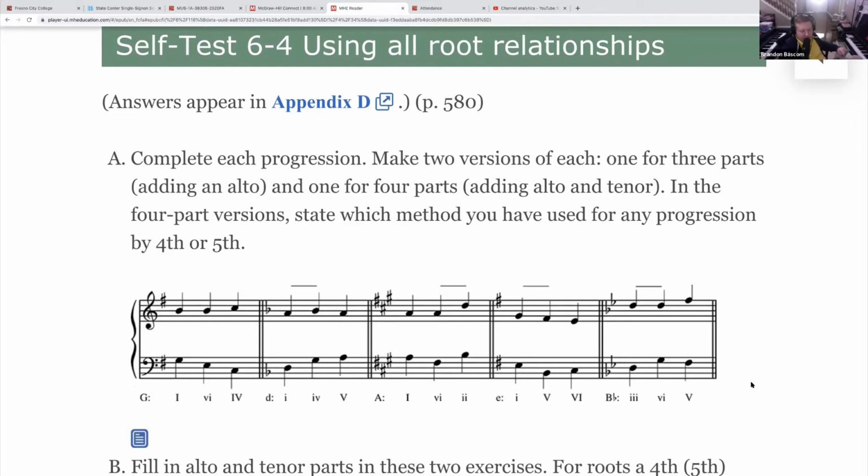I think you're going to find the very rare exception when we write for 3-part instead of 4-part, with the exception of your homework. But as we go on, in theory, we'll mainly be doing 4-part writing. Okay, when we move by fourths or fifths, they want us to put in the dash which method we used. So, here we go. Are you ready?